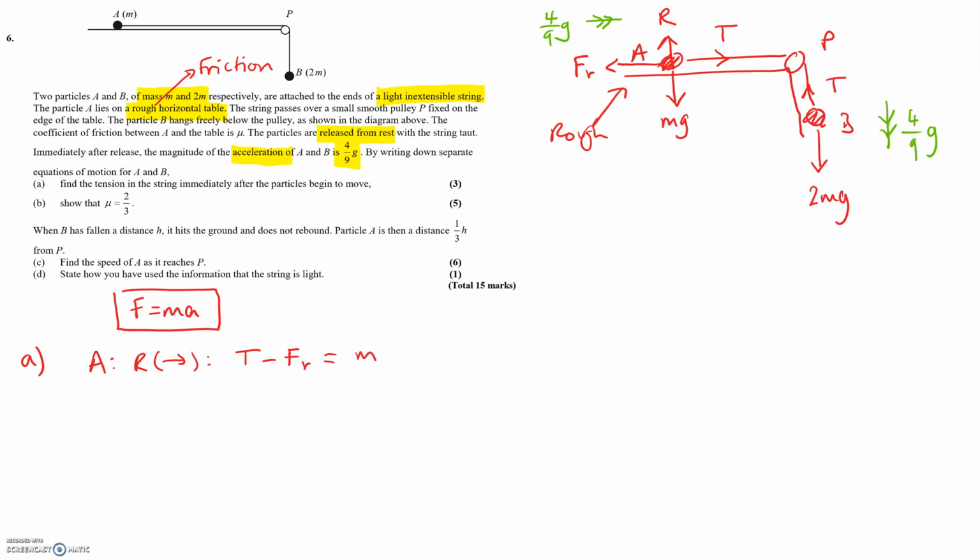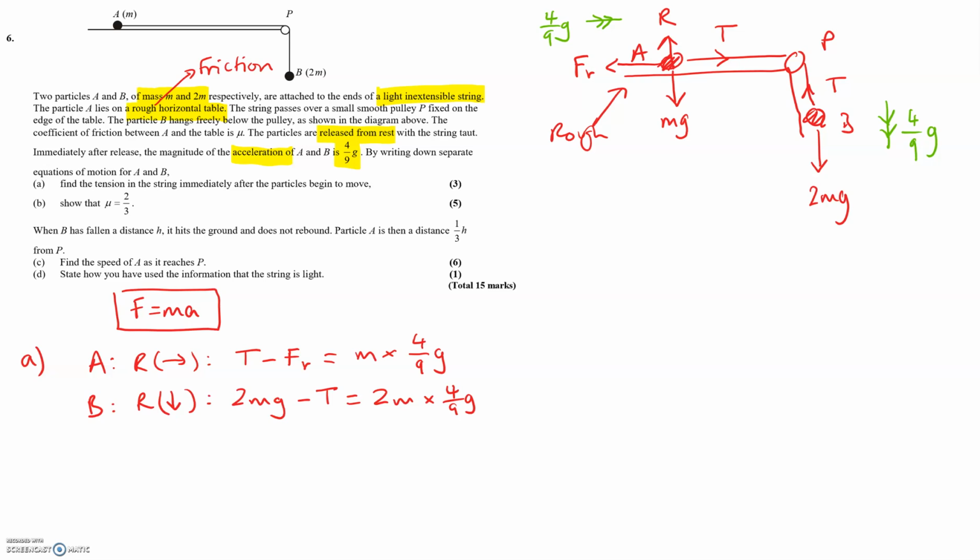So the mass of A is m times the acceleration, which we're told is 4/9 g. If I do the same for B, the way B is accelerating is downwards. I'm going to resolve down, and that's going to give me 2mg minus T equals mass, which is 2m, times the acceleration, which is 4/9 g again.